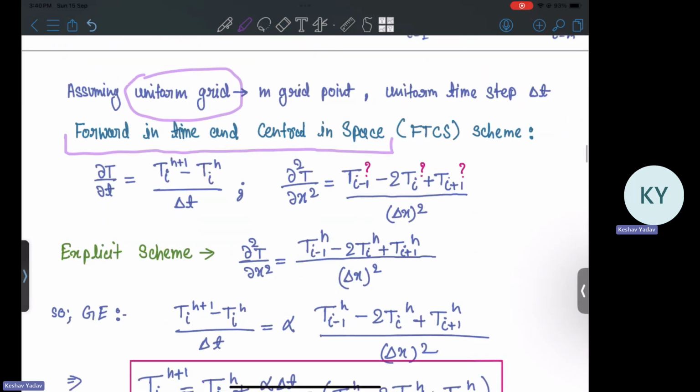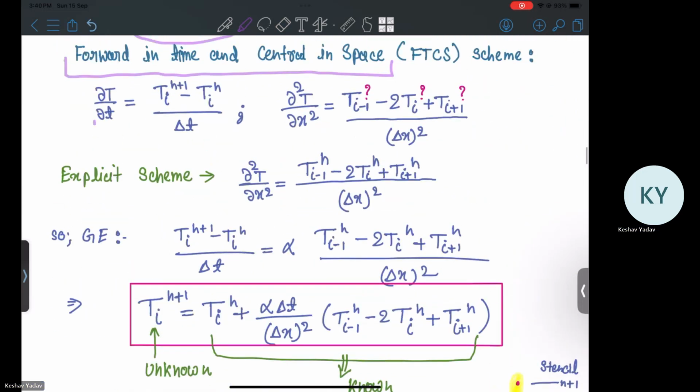Okay. So this del T upon del t can be represented in the forward difference scheme as Ti at n+1 minus Ti at nth time divided by delta t. Okay. And this del 2T upon del x square can be represented using the central difference scheme as T at i-1 minus 2Ti plus T at i+1 divided by delta x square.